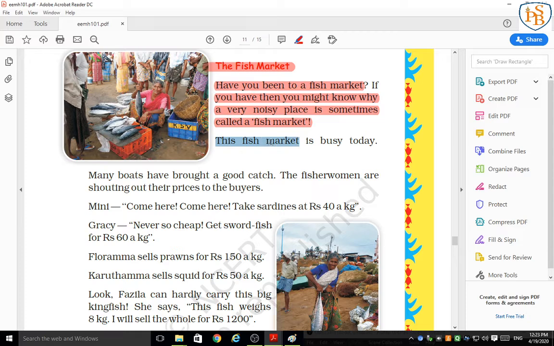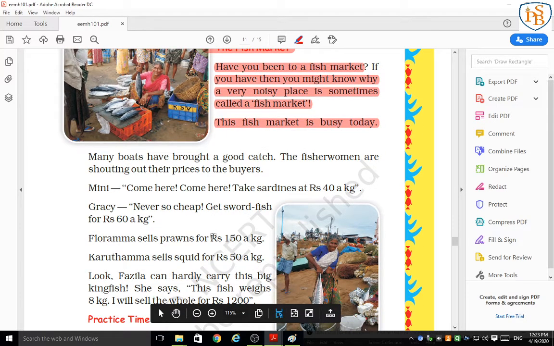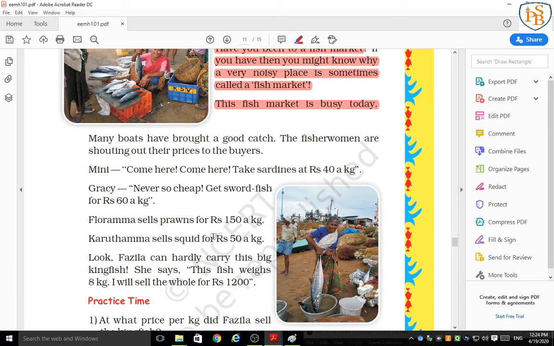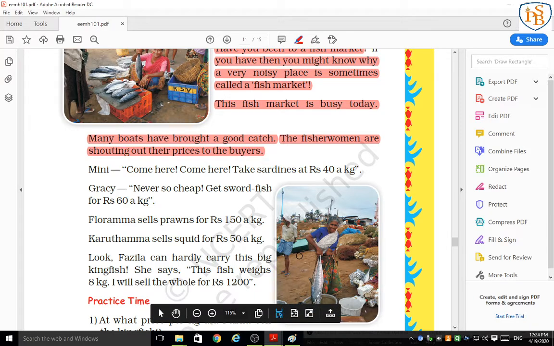This fish market is busy today. Now students, be ready. We are going to the fish market. Many boats have brought a good catch. The fisherwomen are shouting out their prices to the buyers. Now we are in the fish market. We are not in the class.